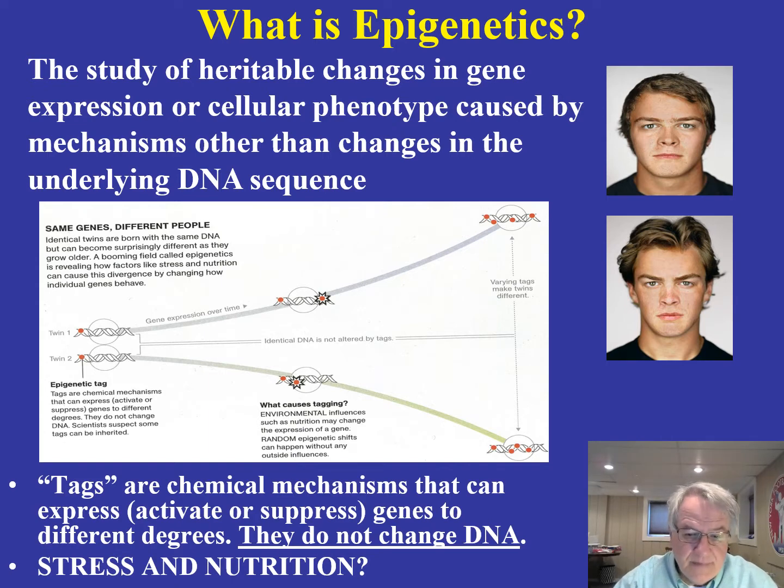But these shifts can happen really without any outside influences. Random epigenetic shifts can occur. So this is a very interesting way of looking at what our behavior is a product of. We have this third component. We have genes, we have environment, and now we have this epigenetic influence in which these tags, these chemical mechanisms, can actually activate or suppress genes to different degrees.